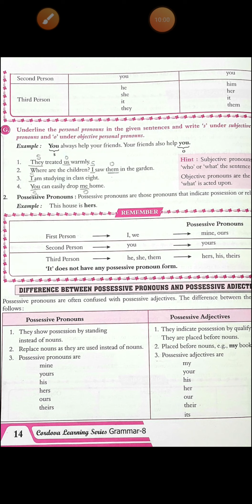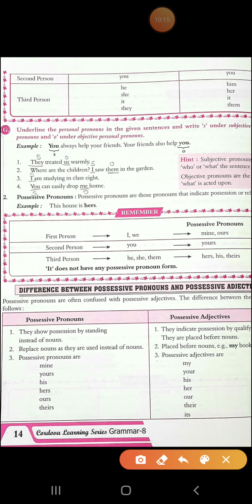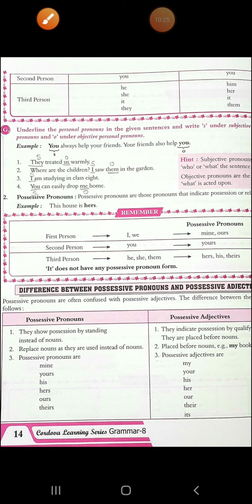So I told you, for second person, the subject and object are both the same, you and you. So in this example, here you and here you both are personal pronouns. The first one is subject, the second one is object.